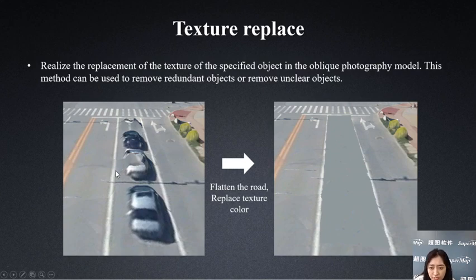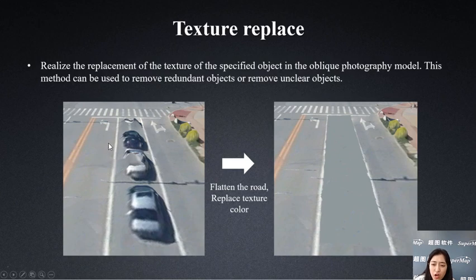In order to solve this problem, SuperMap GIS software provides this practical flattening function, this texture replace function of the oblique photographic model. So the solution is very simple.